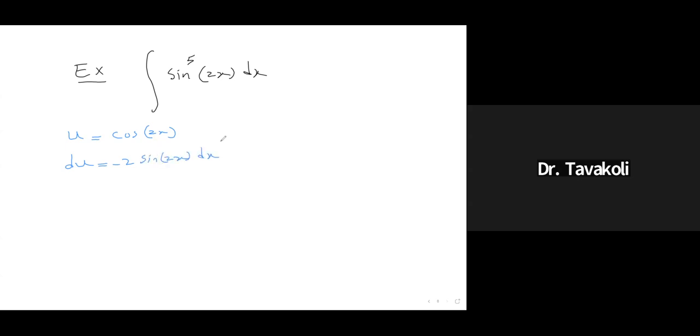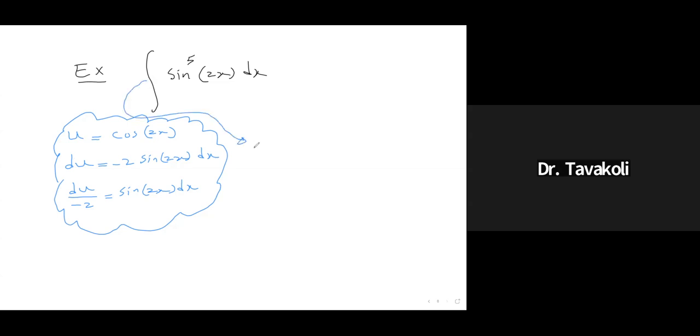But since at some point we need to replace sine of 2x dx by something in terms of du, let's divide both sides by negative 2. So I will have du over minus 2 is sine of 2x dx. So this is the substitution that we work with in this example.